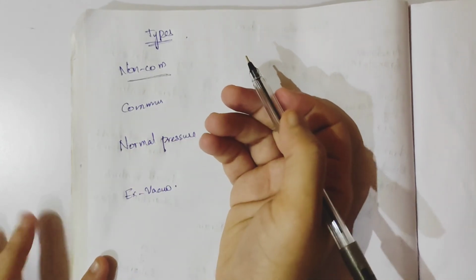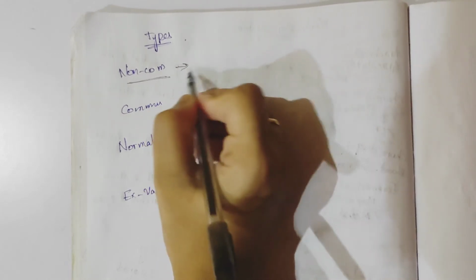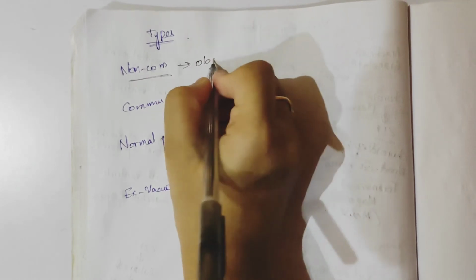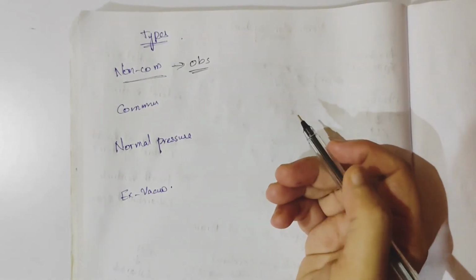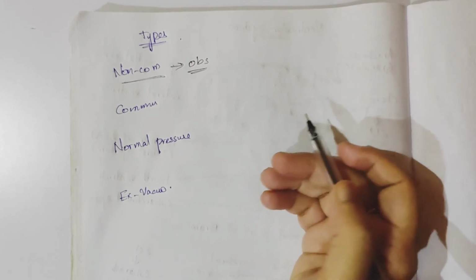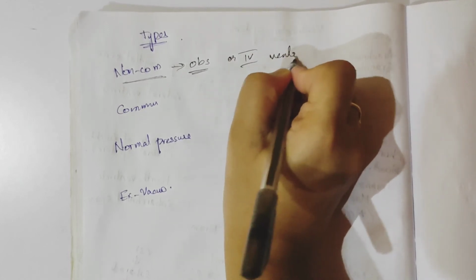Coming to this in detail, the non-communicating type we saw in Dandy-Walker and Arnold-Chiari and others. In this there is an obstruction of flow within the ventricles, like at the foramen of Monro, other foramens, the cerebral aqueduct, and openings of the fourth ventricle.